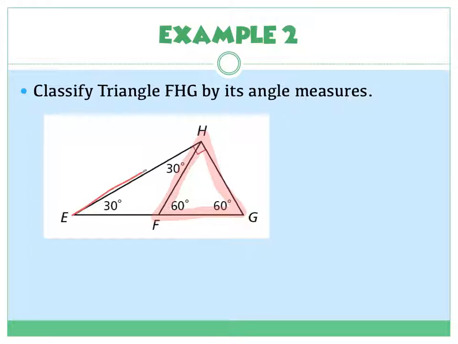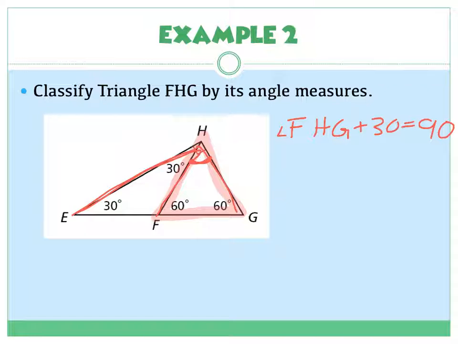So if we see that EHG is 90 and EHF is 30, so we have angle FHG plus 30 is equal to 90. So it's a right triangle.